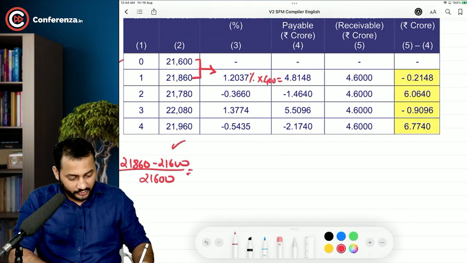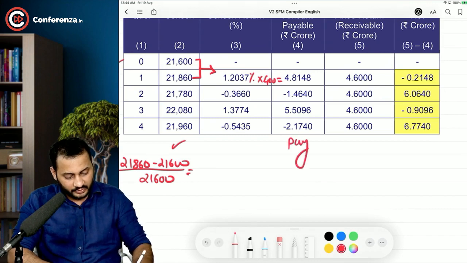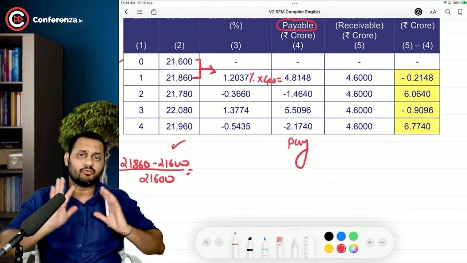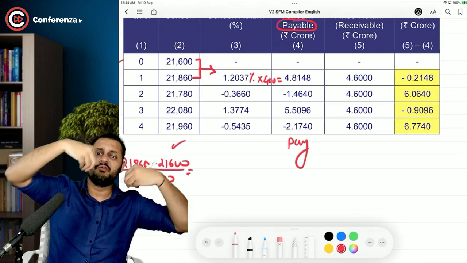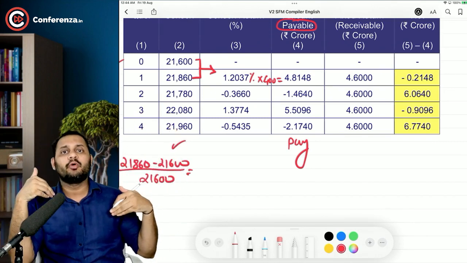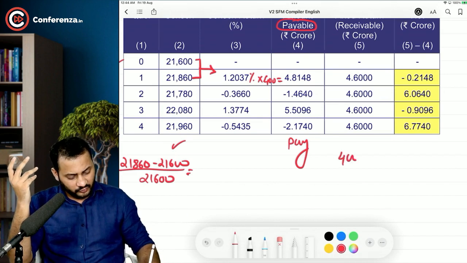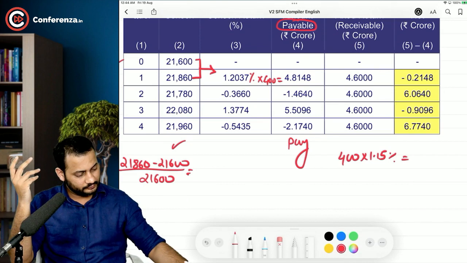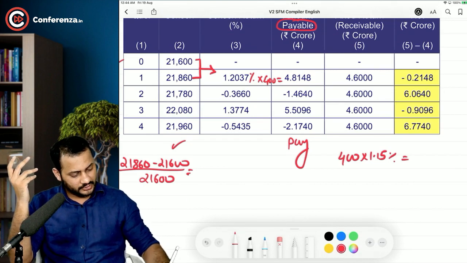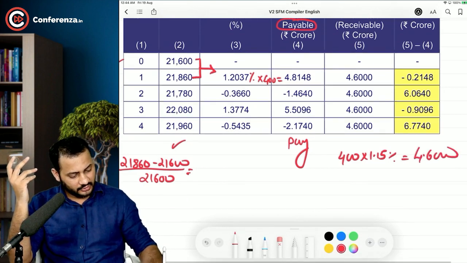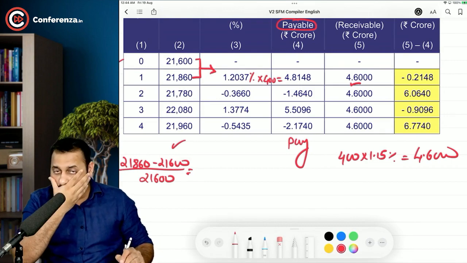So this is what we earned and we are paying. This is payable. We said that whatever is the return on our portfolio, we will pay it to you. You pay us 1.15% fix. What is the 1.15%? 400 crore into 1.15%. That's 4.6 crore fix. Right?